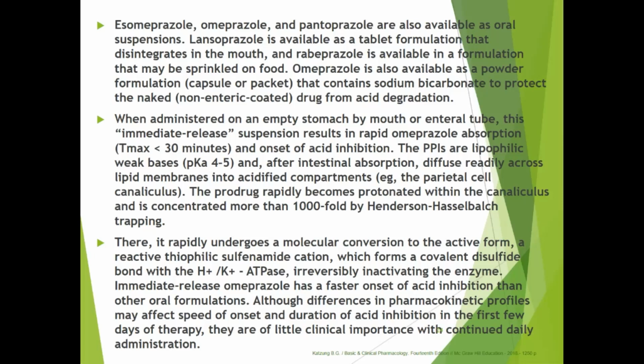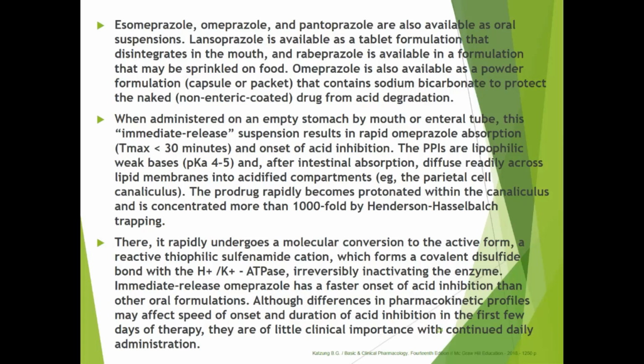It rapidly undergoes molecular conversion to the active form, a reactive thiophilic sulfenamide, which forms a covalent disulfide bond with the potassium sodium ATPase, irreversibly inactivating this enzyme. Immediate-release omeprazole has a faster onset of acid inhibition than other oral formulations.